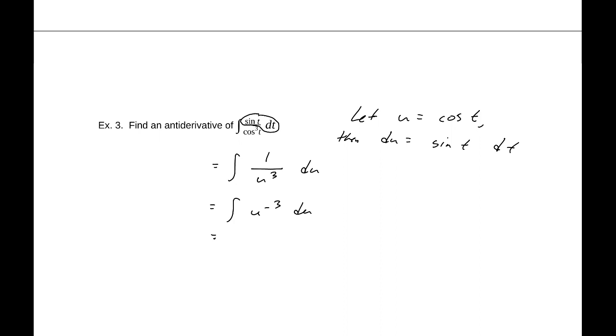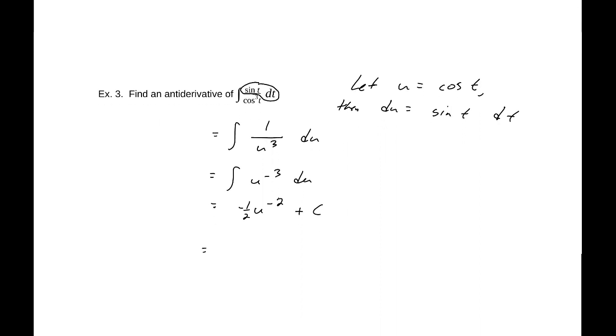So the antiderivative of that would be u to the negative 2, divided by negative 2, so we'll make that negative 1/2 plus c. And then to substitute back in, negative 1 over 2 cosine squared t plus c.